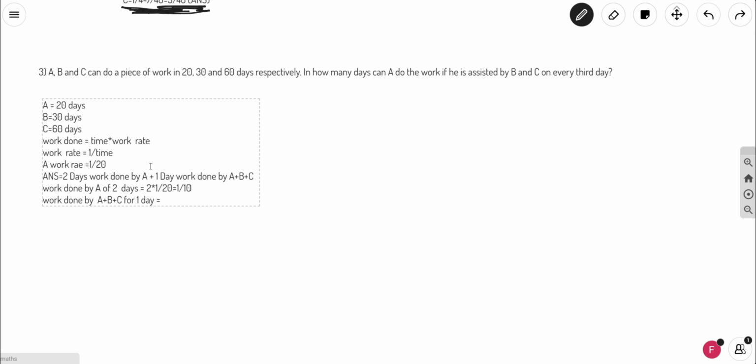Work done by A plus B plus C is equal to time, and what is the time? Time will be one day.